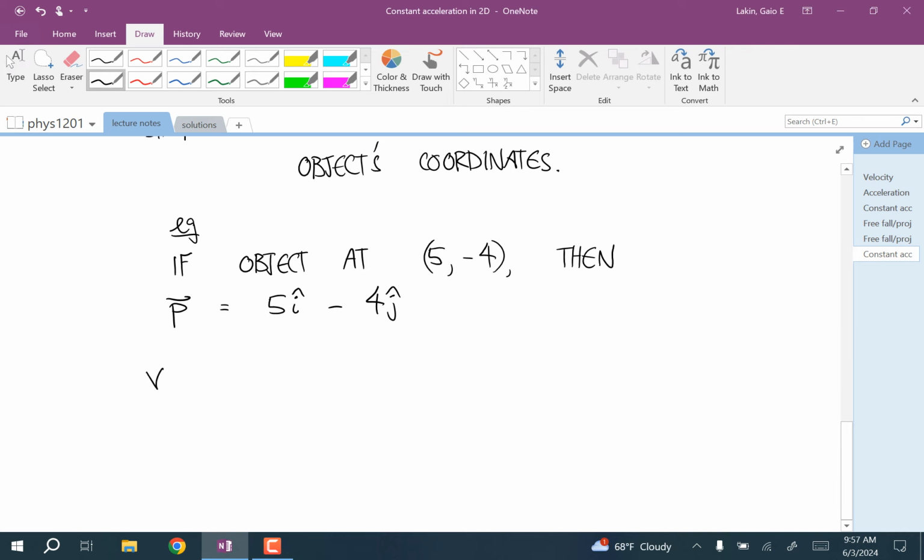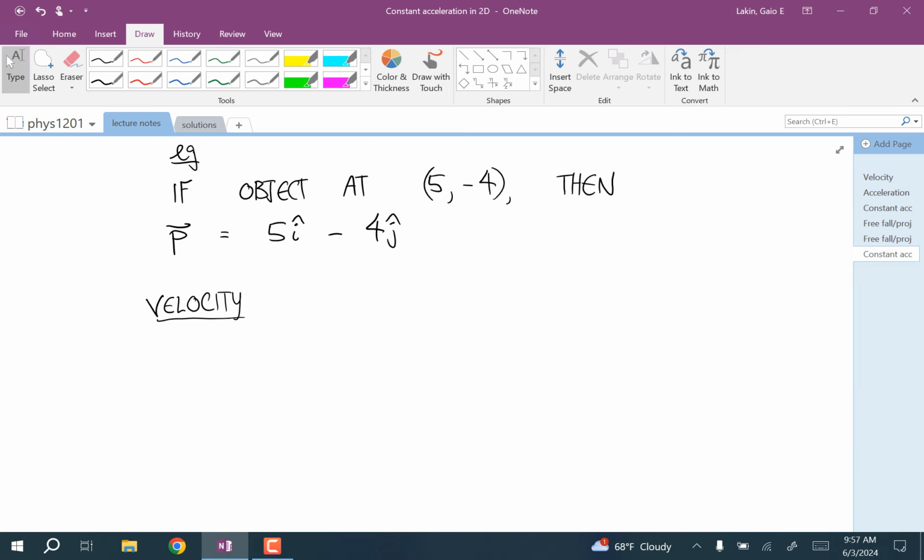For the velocity, well, we know that these vectors are always arrows with a magnitude and a direction. So the magnitude, the length of the arrow, is the object's speed at that instant.